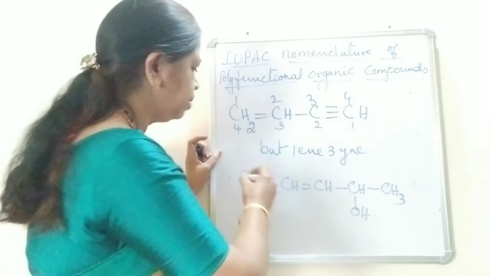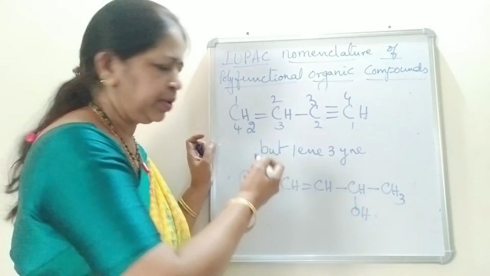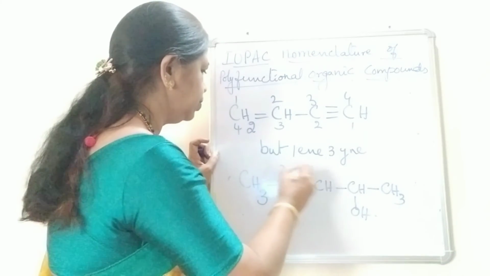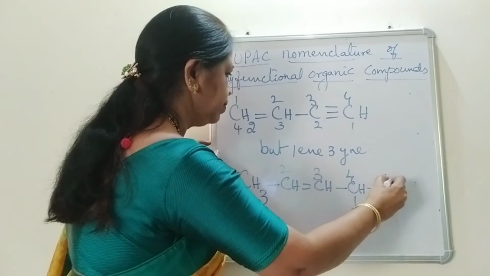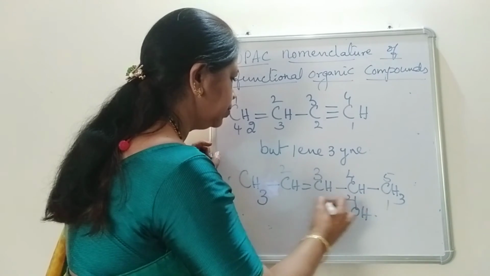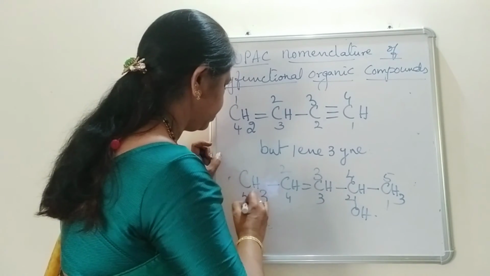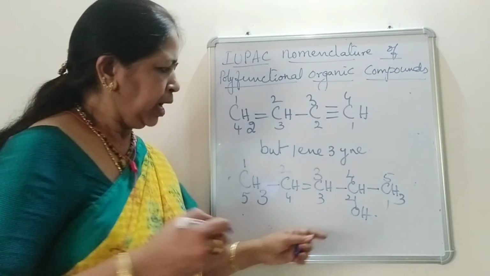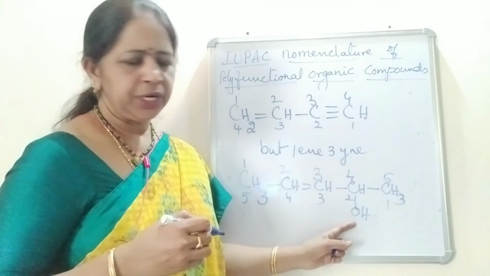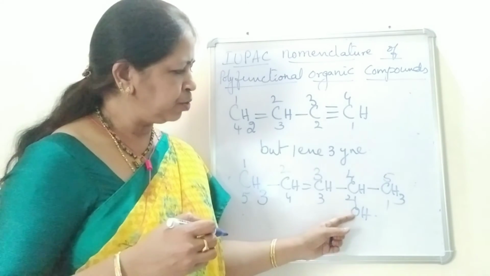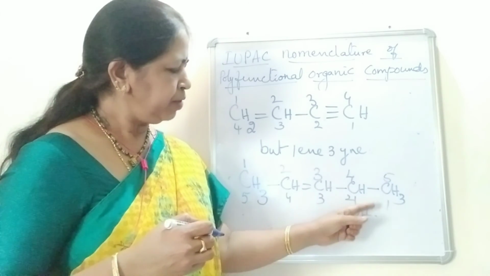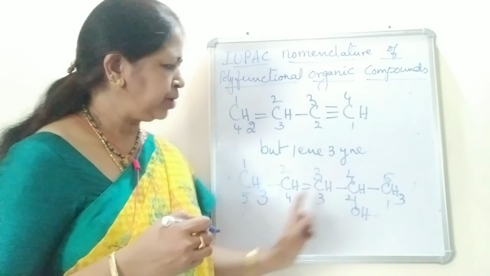We can number from right to left or left to right. 1, 2, 3, 4, 5 or 1, 2, 3, 4, 5. As priority is given to the functional grouping hydroxyl grouping carbon, we have to number from right to left.